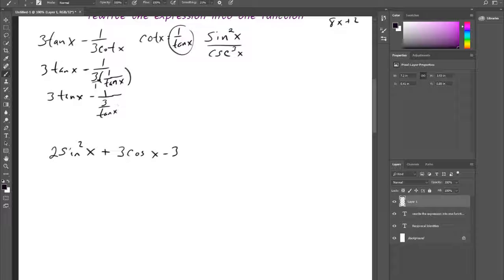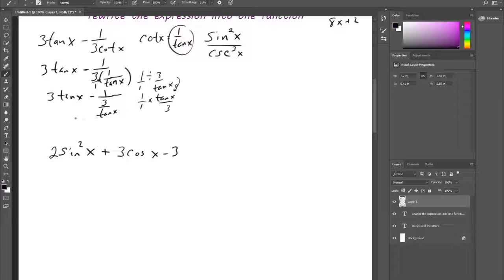If I take this fraction here, which is a division fraction problem, that would be 1 divided by 3 over tangent x, which is 1 over 1 times the reciprocal of that, which would be tangent x over 3. If I flip that, this whole thing becomes tangent x over 3.